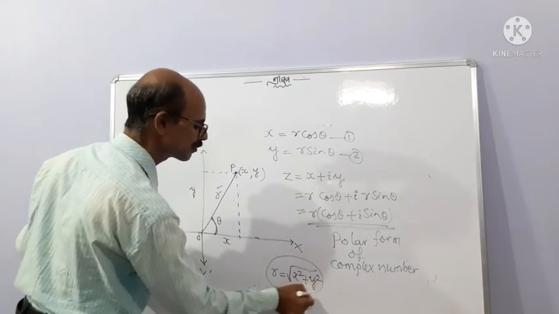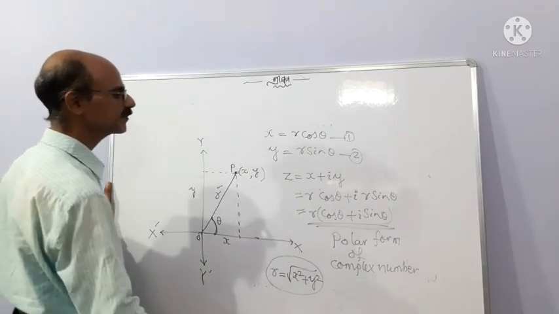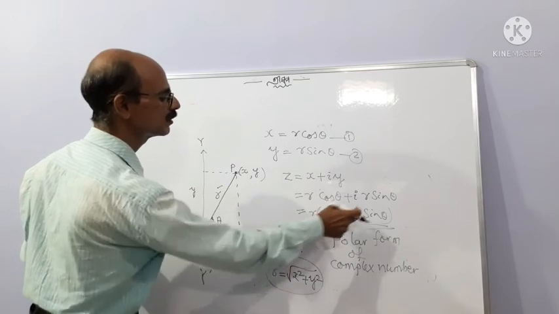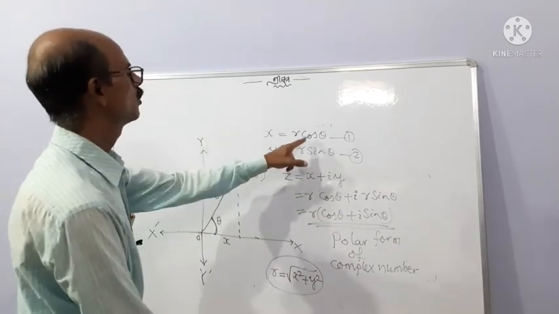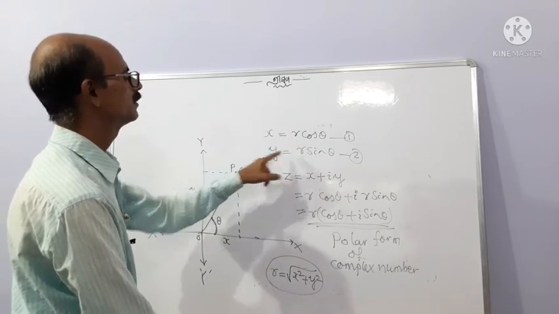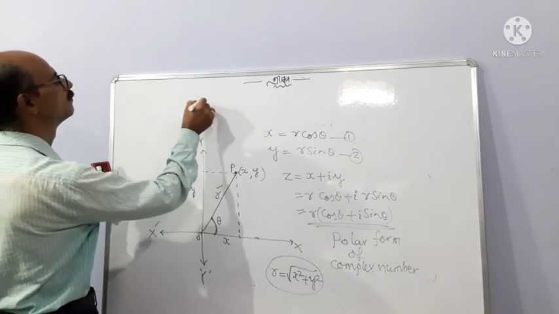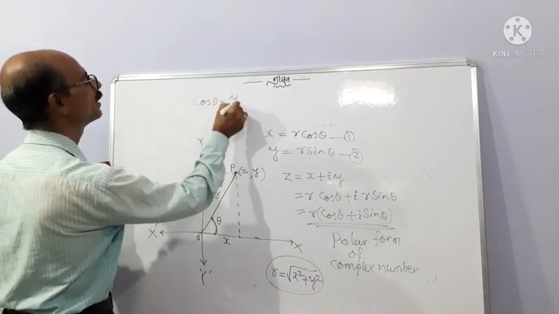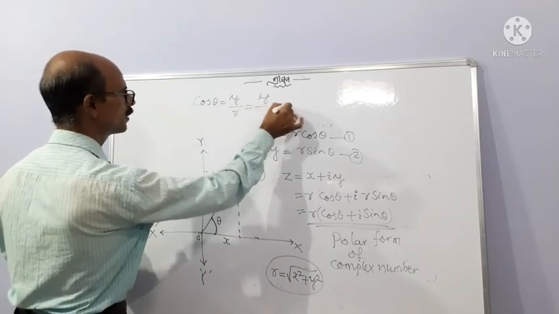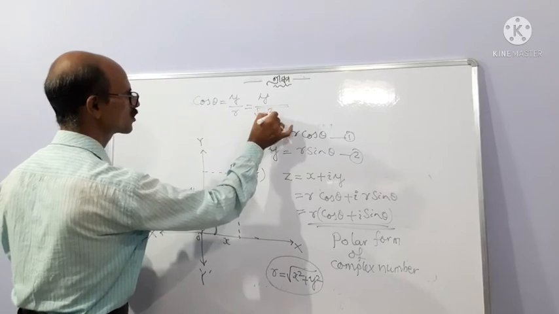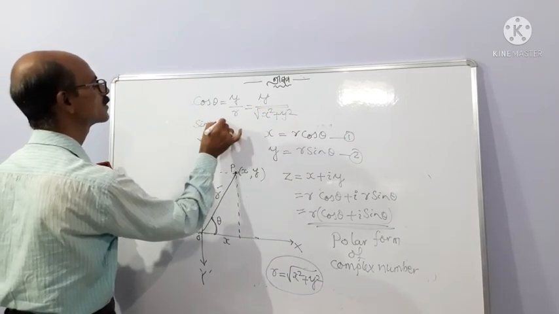The magnitude or absolute value of z is root over of x square plus y square, and z is equal to r (cos theta plus i sin theta). What will be cos theta? Cos theta is equal to x by r, and sin theta is y by r.